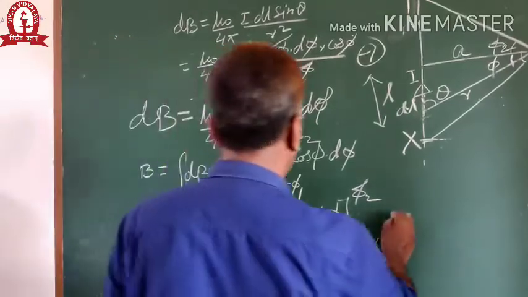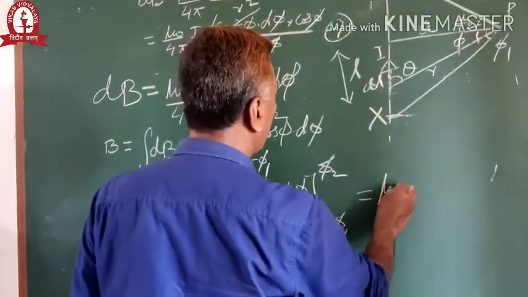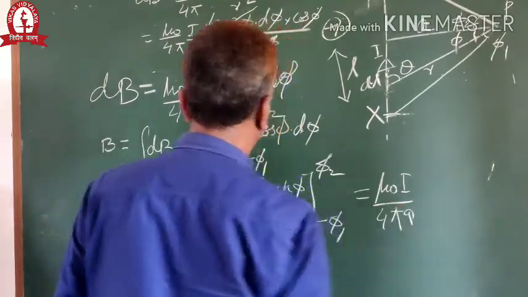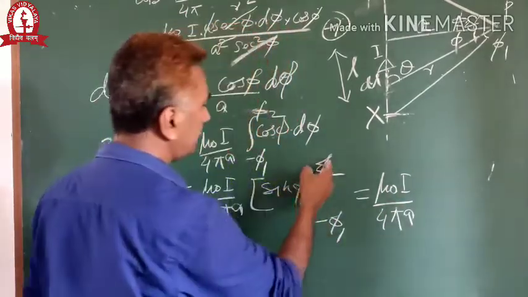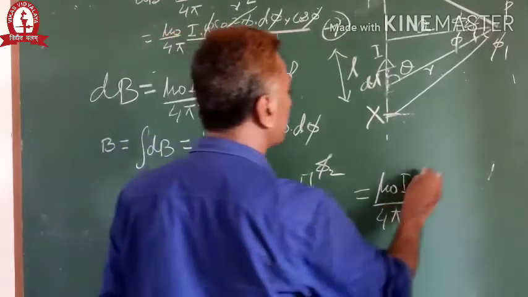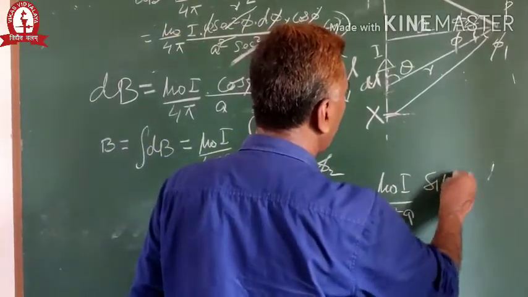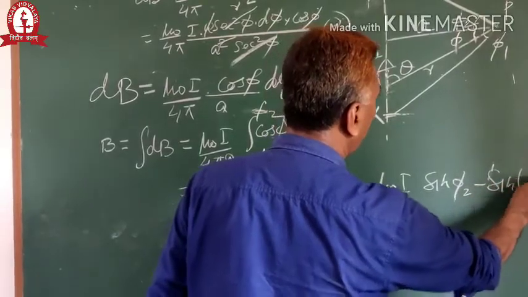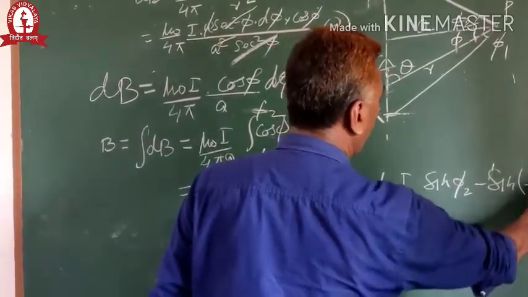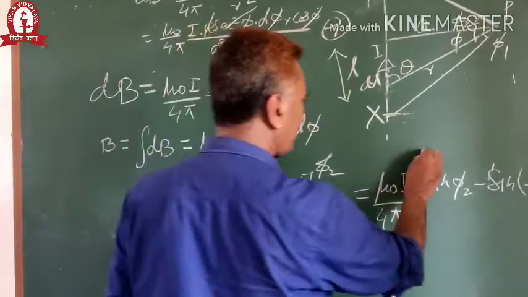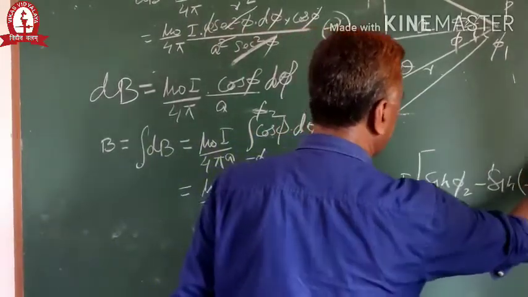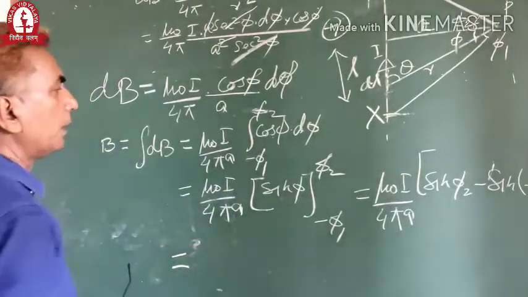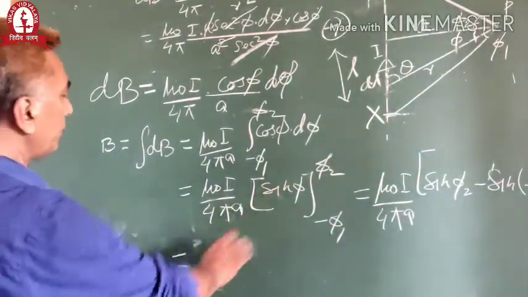Now put the value. This will be equal to mu naught I upon 4 pi a into, take the upper limit first of all, sin phi 2 minus sine of minus phi 1, within the big braces. Up to this you note down first.